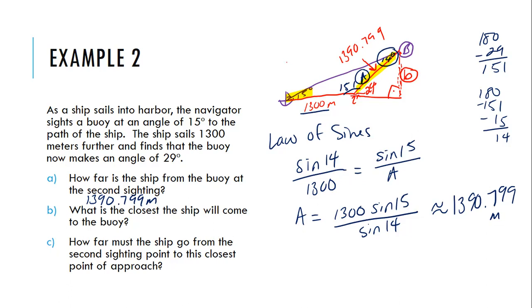We have our hypotenuse and we're looking for our opposite. So for part B, sine of 29 degrees equals your opposite over your hypotenuse. And our hypotenuse is 1,390.799.